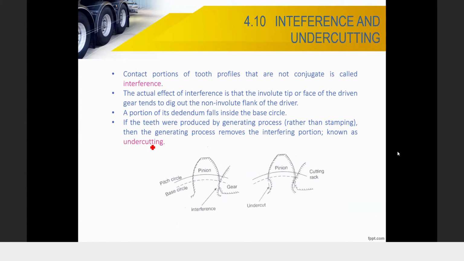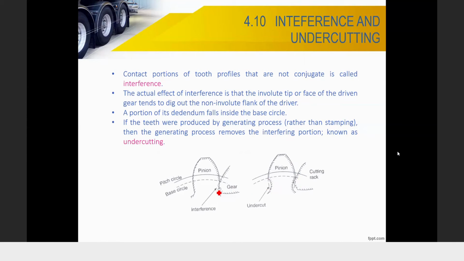Kadang-kadang dalam generating process, dalam proses dia try to assemble the gears, kadang-kadang dia berlaku, dia can cut, kadang-kadang tak boleh elak.